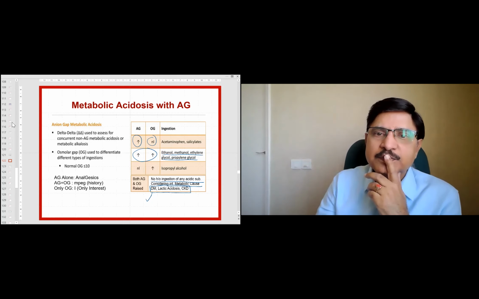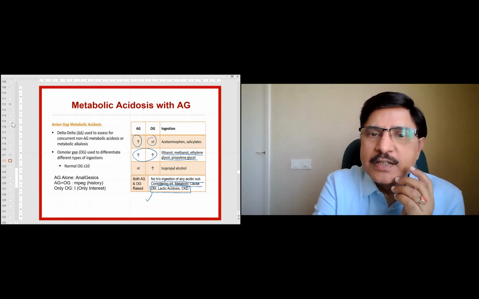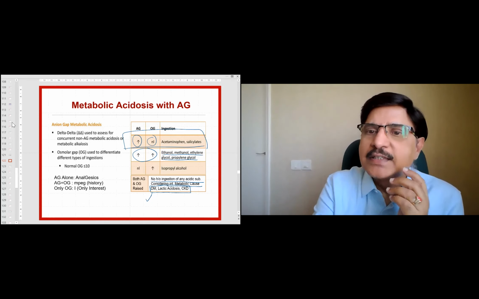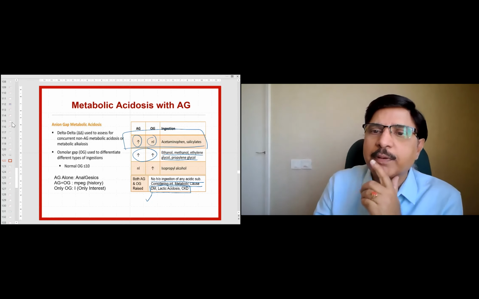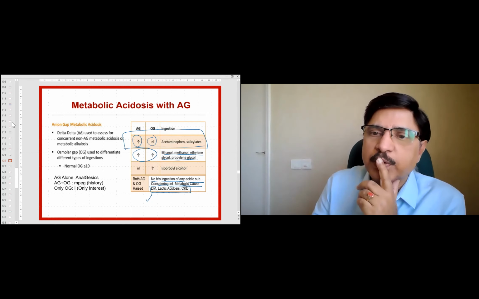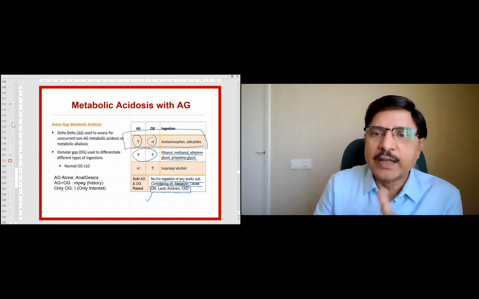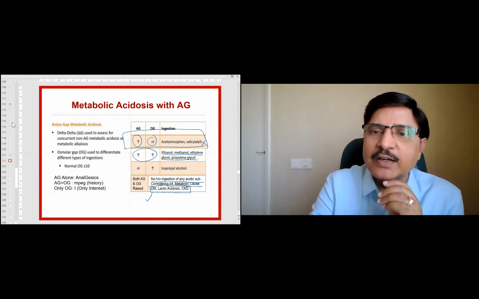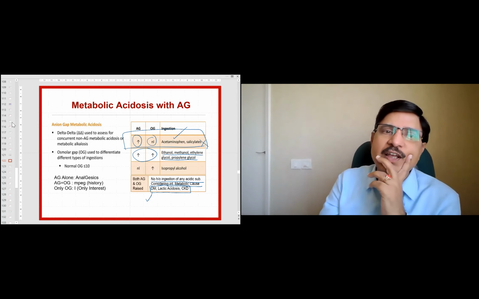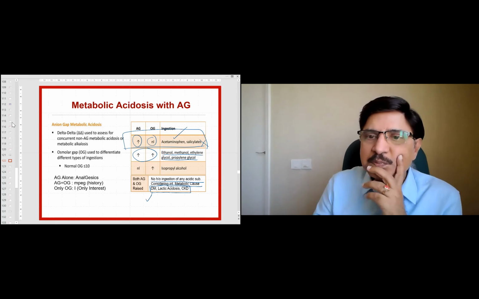So we are dealing with salicylate and acetaminophen. Can you distinguish between them? Salicylates produce hyperventilation. Hyperventilation produces respiratory alkalosis. In our case, we are seeing the possibility of respiratory acidosis. So salicylate is not the answer. Acetaminophen is the answer. You understand?